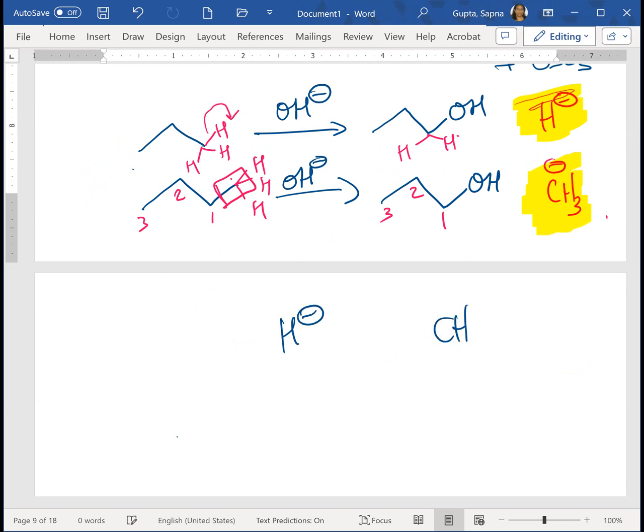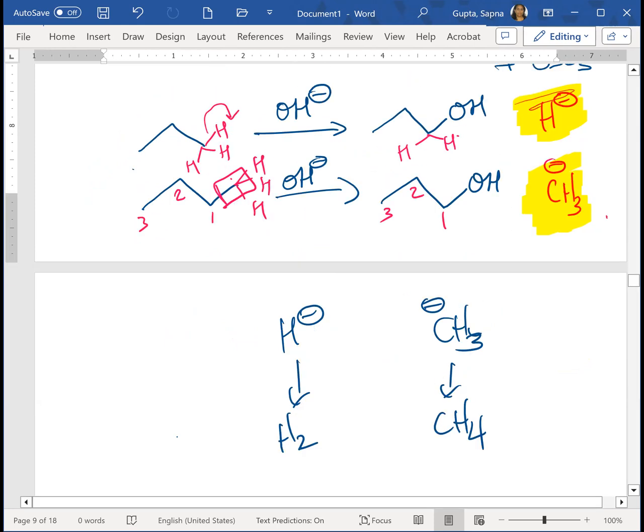So you convert both of these into conjugate acids. One is giving you hydrogen, the other one is giving you methane, neither of which is actually an acid. We don't consider either of them as an acid.